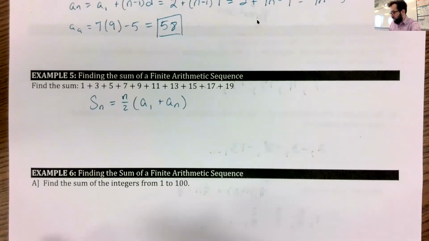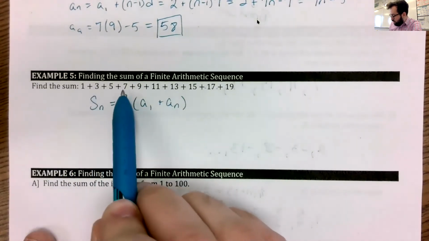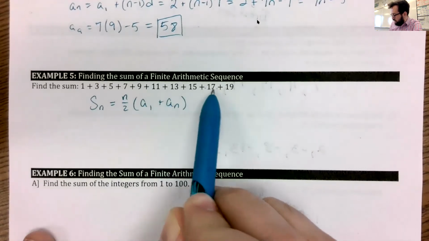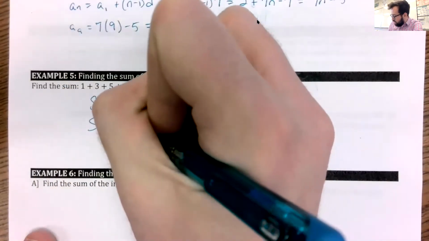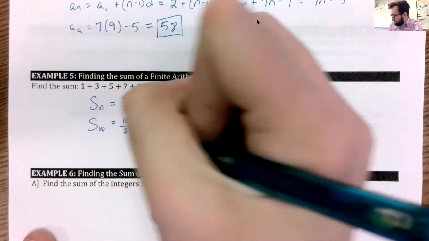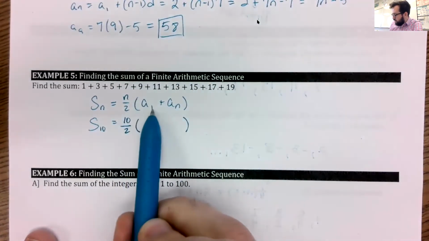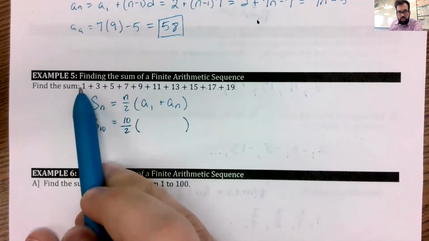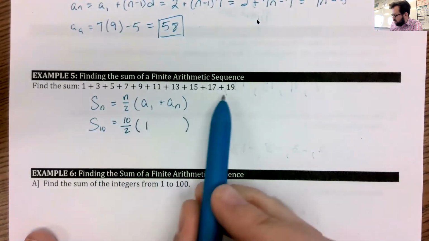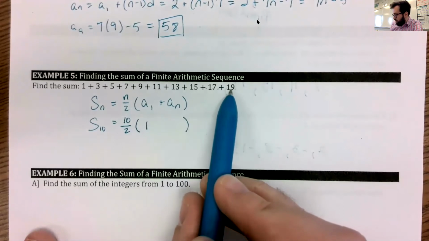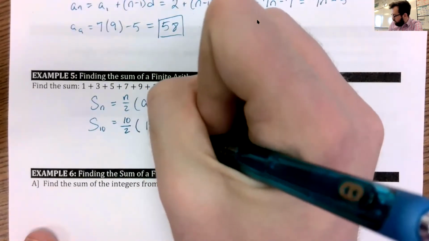So let's try this. So we have 1, 2, 3, 4, 5, 6, 7, 8, 9, 10 numbers that we're adding together here. So n is 10. And a sub 1 means what's the first term in the sequence, which we can see as 1. A sub n means what's the 10th term, or the last term, and that's a 19 in this case.